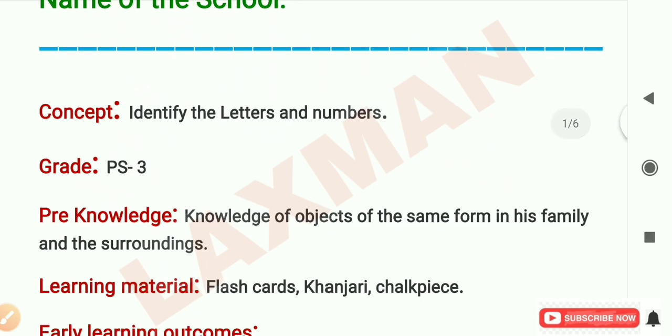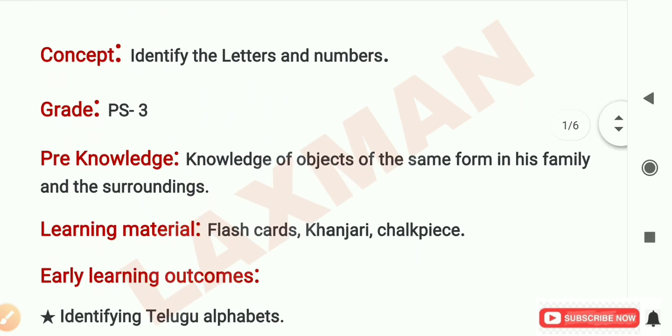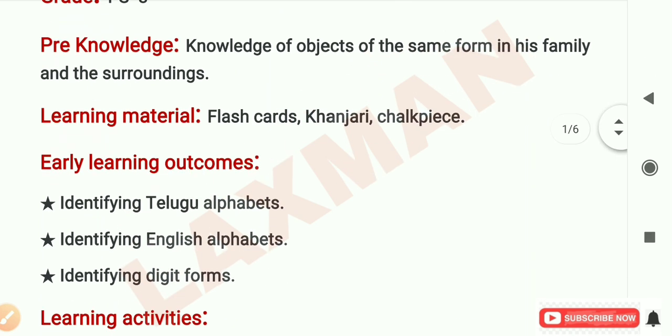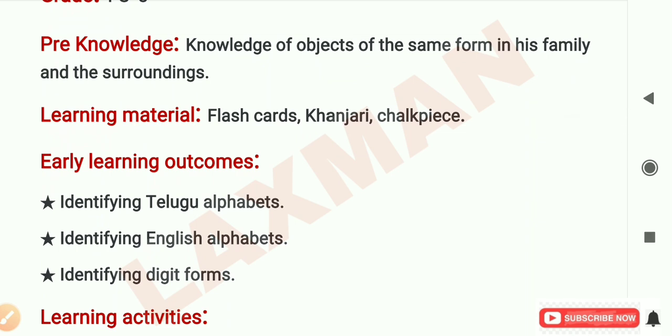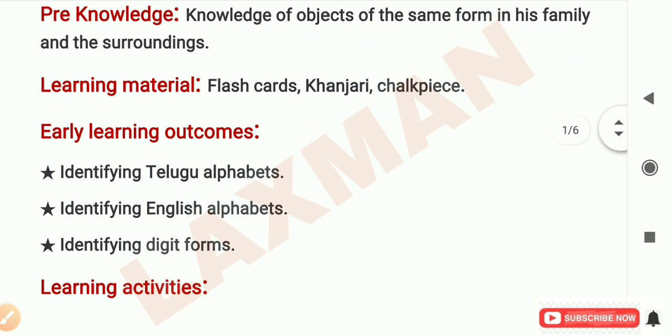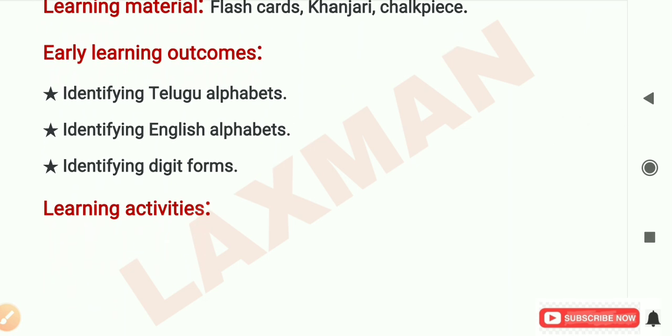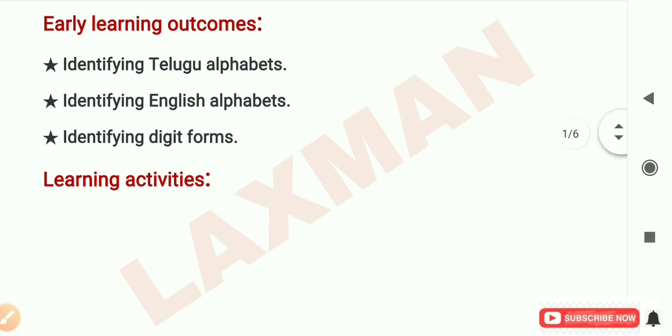Concept: identify the letters and numbers. Grade: preschool 3. Pre-knowledge: knowledge of the objects of the same form in his family and the surroundings. Learning materials: flashcards, Khanjari, chalk piece. Early learning outcomes: identifying Telugu alphabets, identifying English alphabets, identifying digit forms.